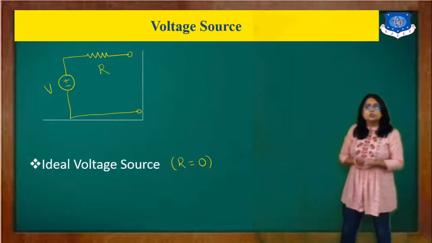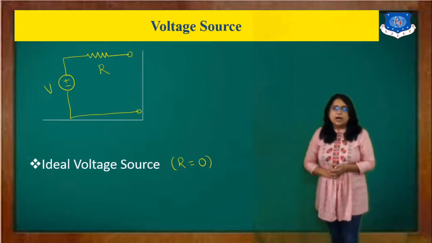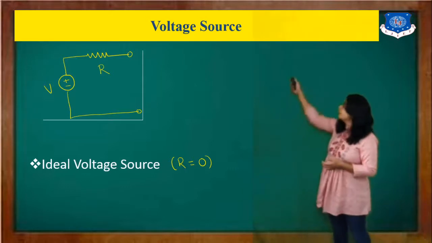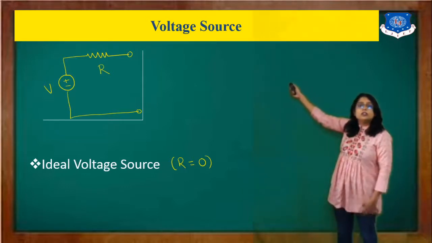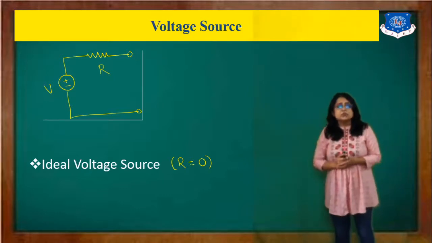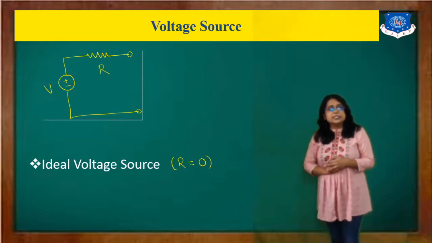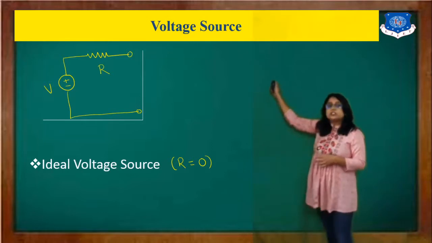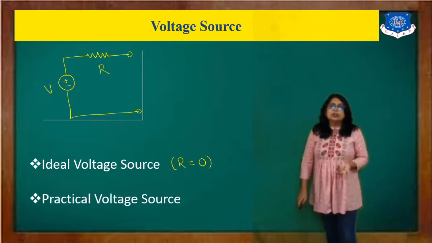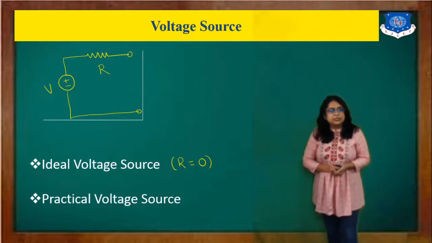Because V equal to I into R. If our R is 0, that means the voltage drop across that resistor will be 0. So if any ideal source is there, then we can say that the resistor value must be 0.